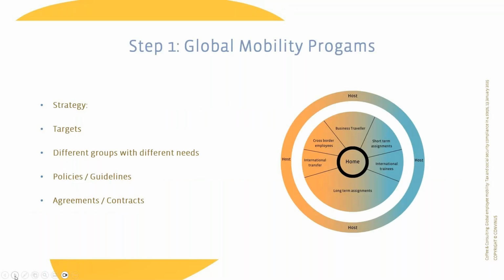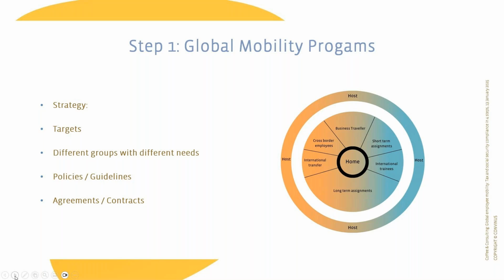What does the review of global mobility programs mean? It means you should review, from when you set it up, the strategy targets, looking at the different groups with the different needs, and then maybe not only have one program, but maybe different programs.